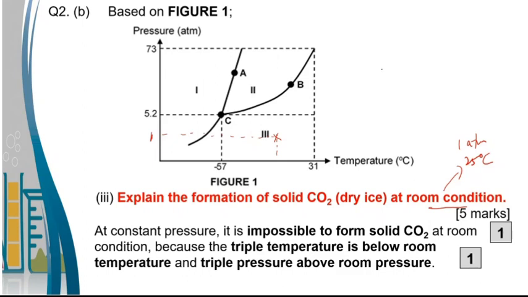This is because at room temperature and pressure, the temperature is higher than the triple point, where the pressure is lower than the triple point. So the total mark for this question 2 is 10 marks.